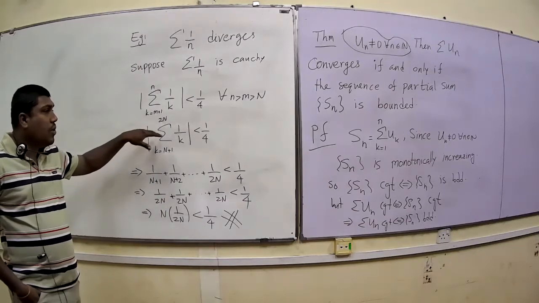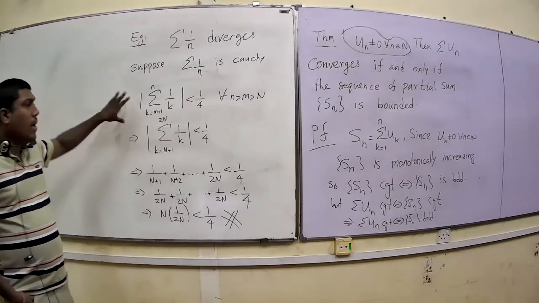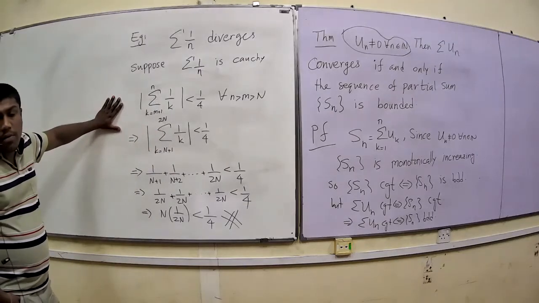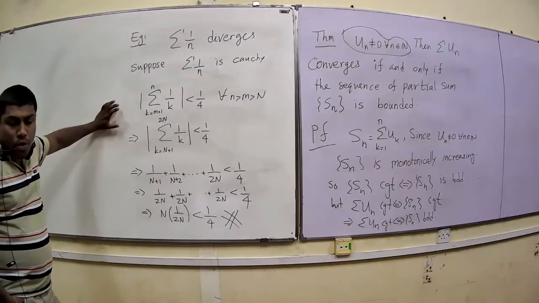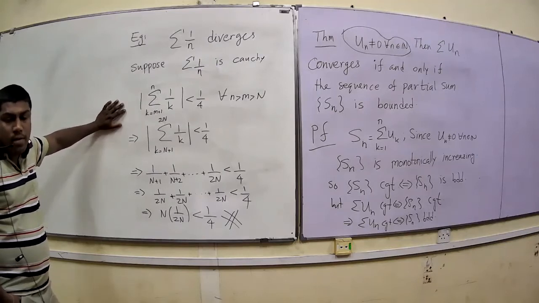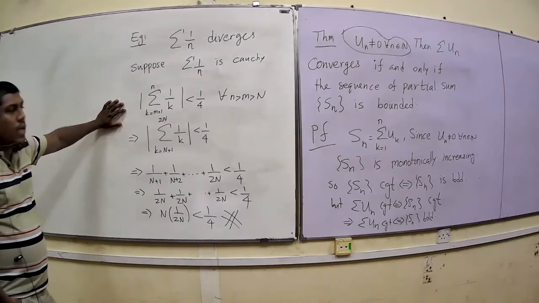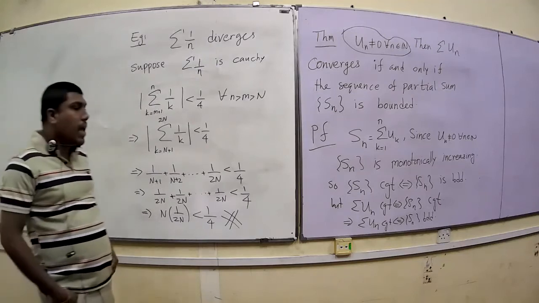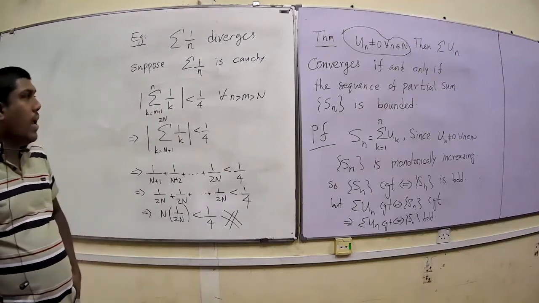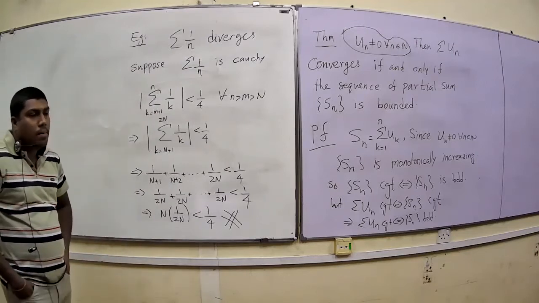Okay, so here are the answers to the questions you asked in the chat. One is, yes, we will ask you to prove some of the theorems in the exams as well. So you should know how to prove the theorems, especially the very important ones like the Cauchy criterion and the monotone convergence theorem.